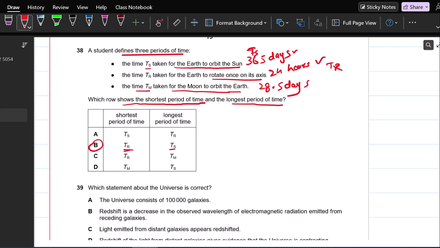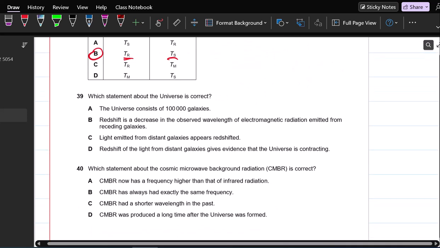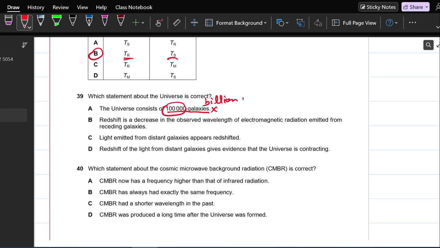B is right. Question 39 now. Which statement about the universe is correct? The universe consists of 100,000 galaxies. No, it's wrong. 100,000 is basically the diameter. Here it is billions of galaxies. Wrong option. Redshift is a decrease in the observed wavelength of electromagnetic radiation emitted from receding stars.